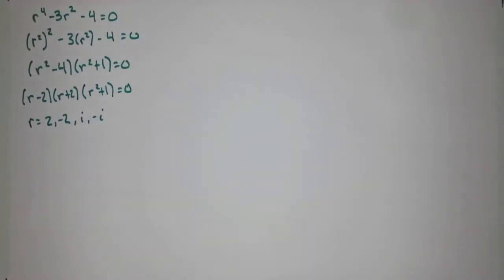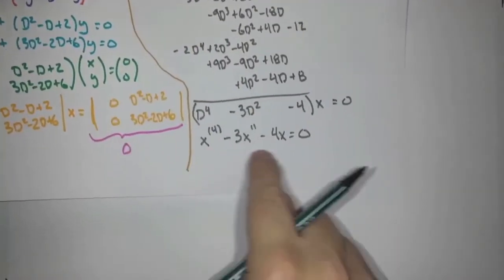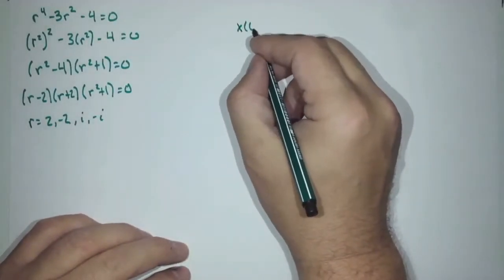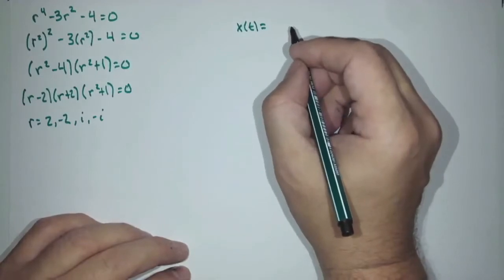Ah, this is good. So we are halfway, because now we know what x looks like. Remember, this is for x. So the solution for x of t looks like what?